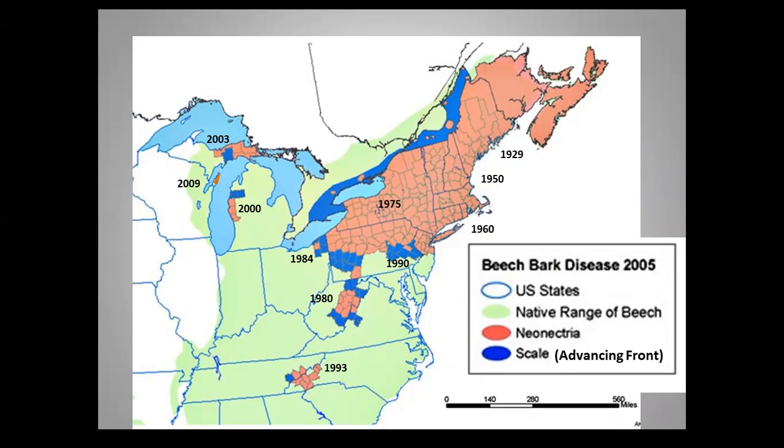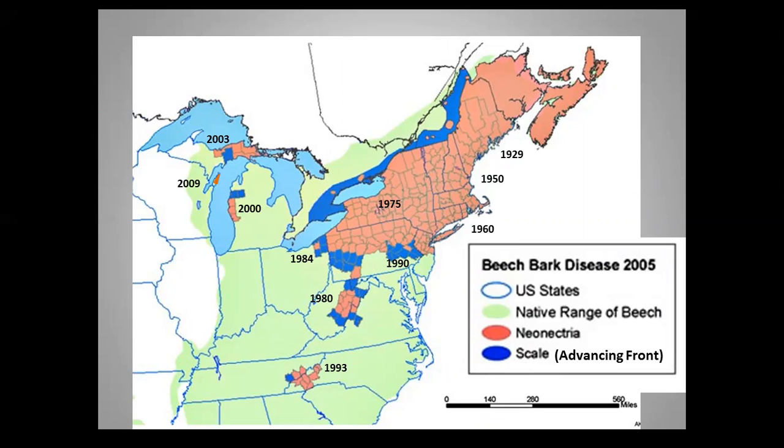And so those outliers, instead of being part of the advancing front, are believed to have been caused by human movement, mostly because both of those are very highly popular tourist attractions. Ludington State Park in Michigan is the highest traveled state park in Michigan, and that's where we first identified scale in that state.